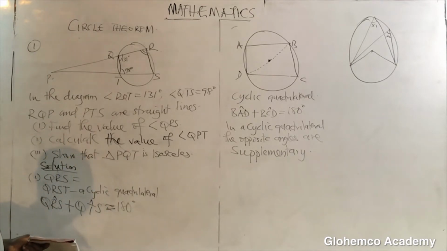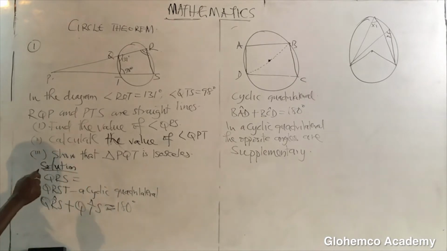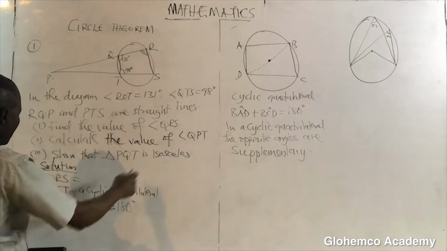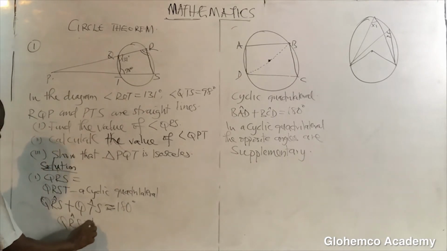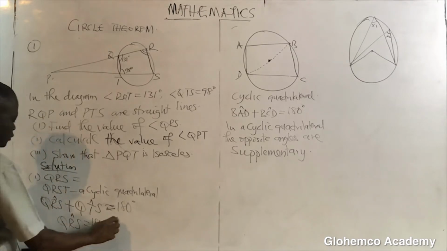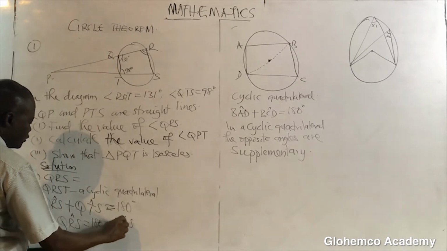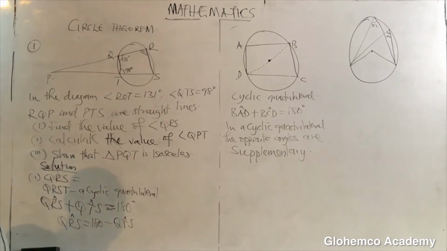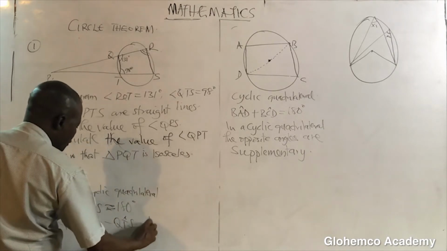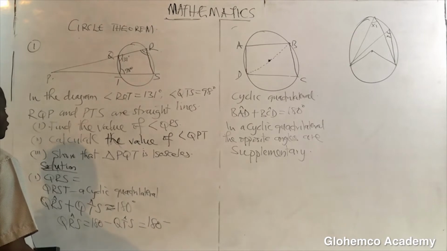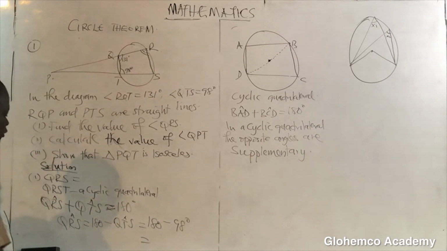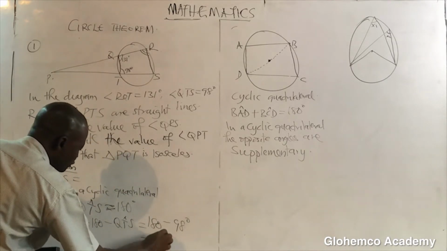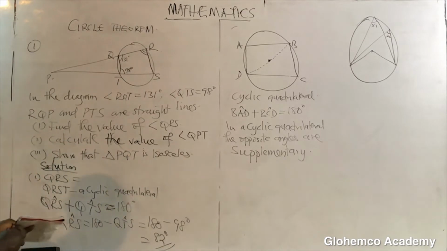Once they are equal to 180, we have to find QRS. QRS equals 180 minus QTS, which is 180 minus 98.